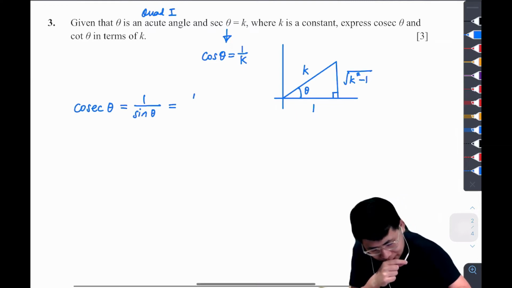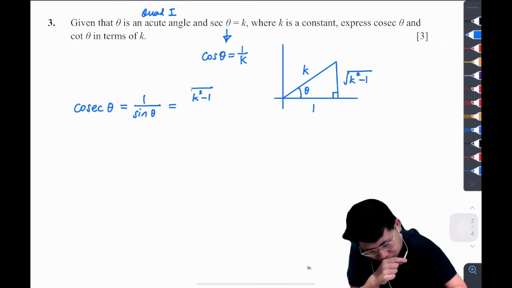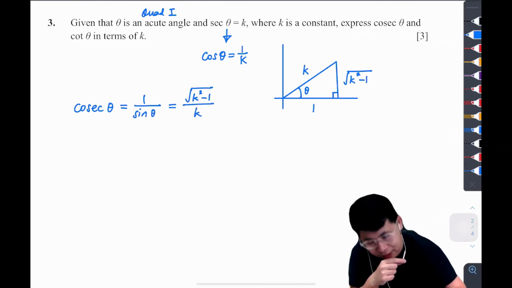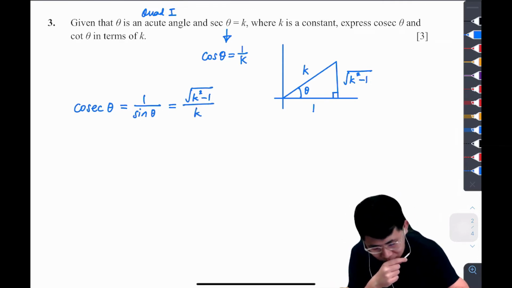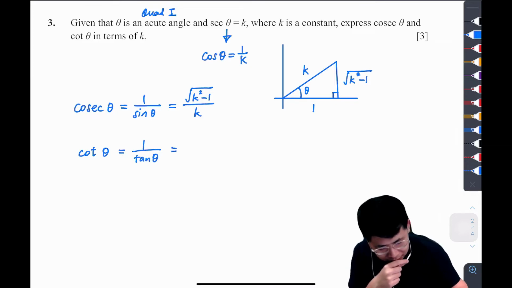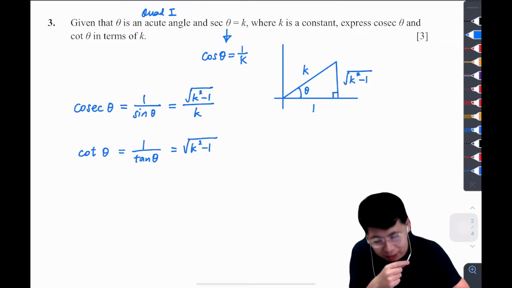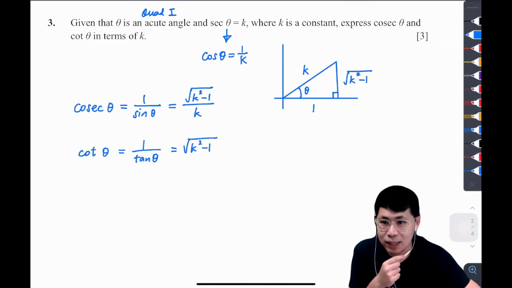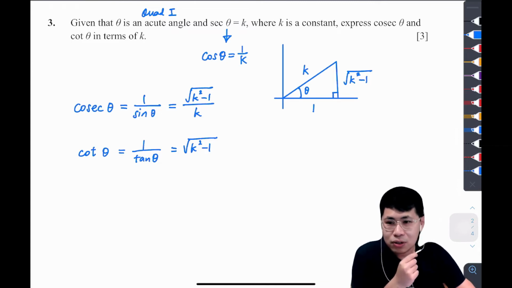So this would be opposite over hypotenuse. Next, cotangent theta would be 1 over tangent theta. So this would be opposite over adjacent, so it's just the square root of k squared minus 1 divided by 1.